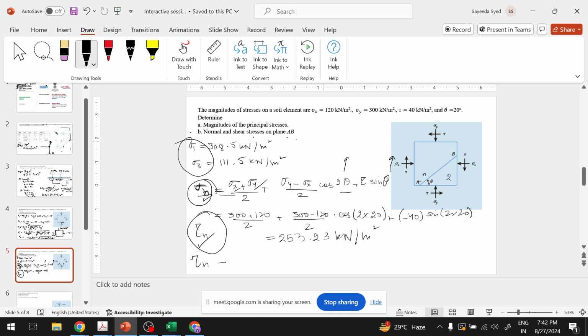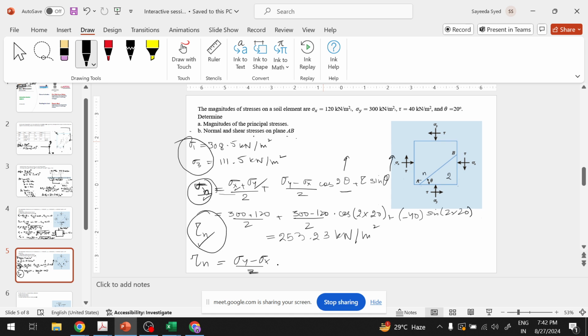For tau n, we have (sigma y minus sigma x) over 2 sine 2 theta minus tau times cos 2 theta. This will be (300 minus 120) over 2 sine of 2 into 20 minus tan 40 cos of 2 into 20.